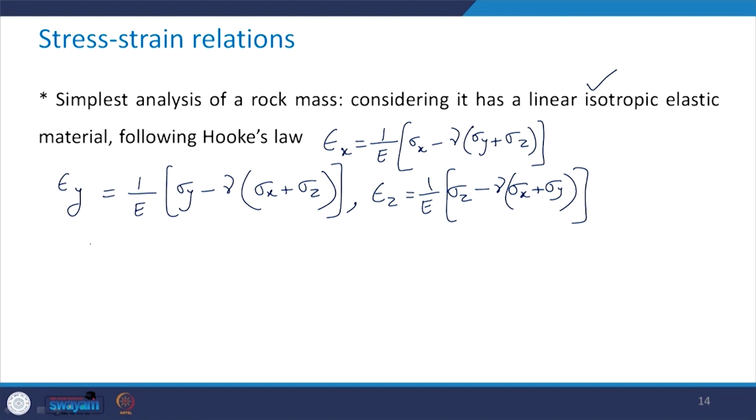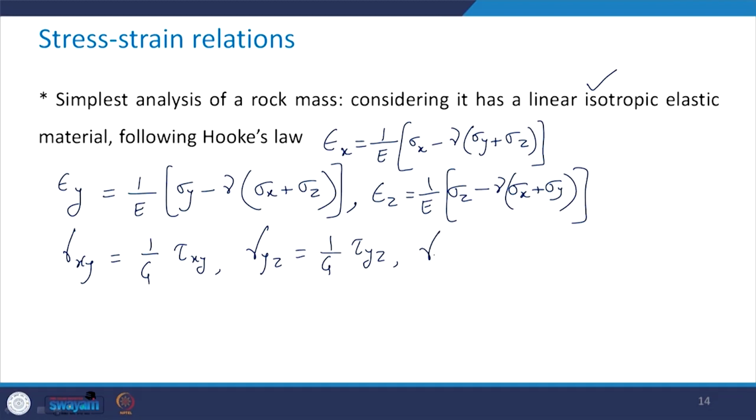Then you have the shear strains, which is gamma xy, that is equal to 1 upon G tau xy. You have gamma yz, which is equal to 1 upon G tau yz.